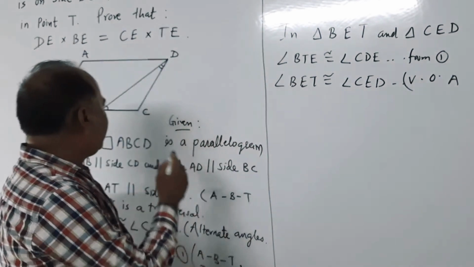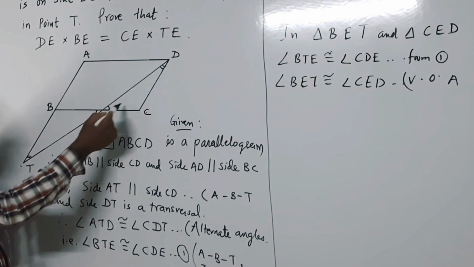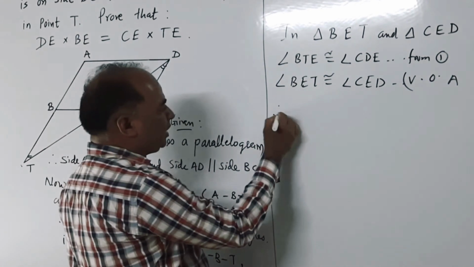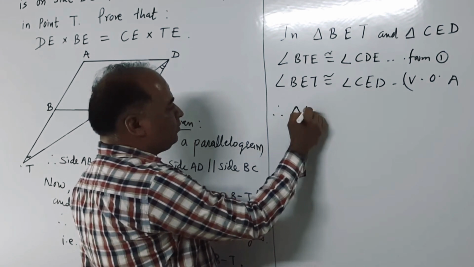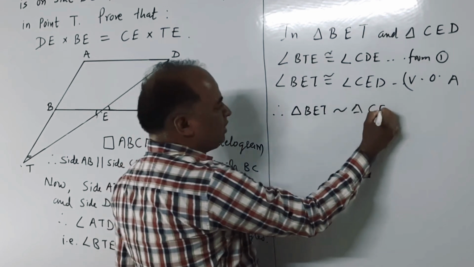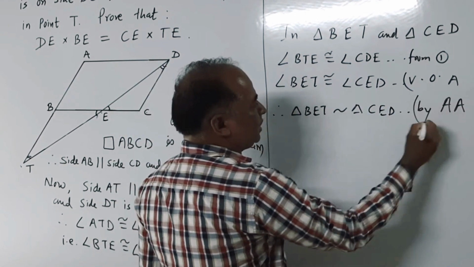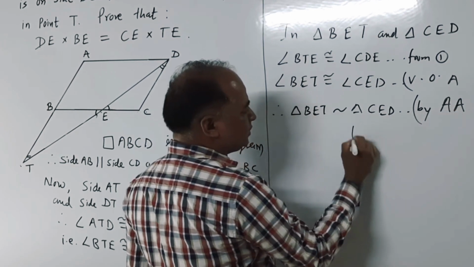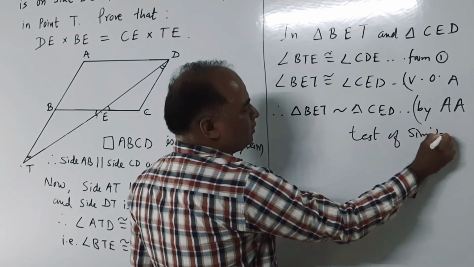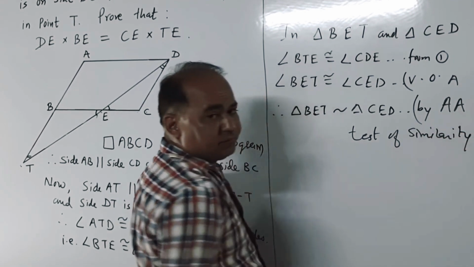Now here two angles of one triangle are congruent to two angles of the other triangle. Hence these two triangles are similar. Therefore triangle BET is similar to triangle CED by angle test, AA test of similarity.